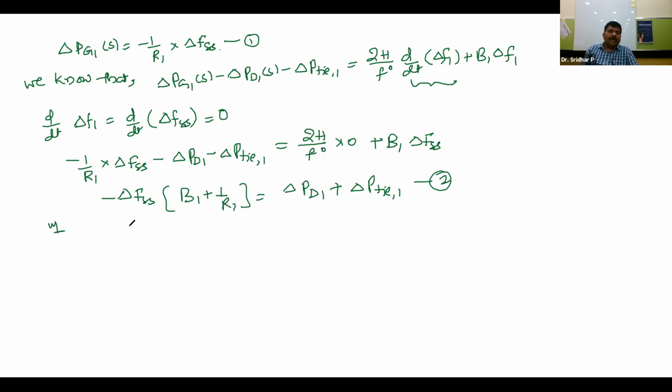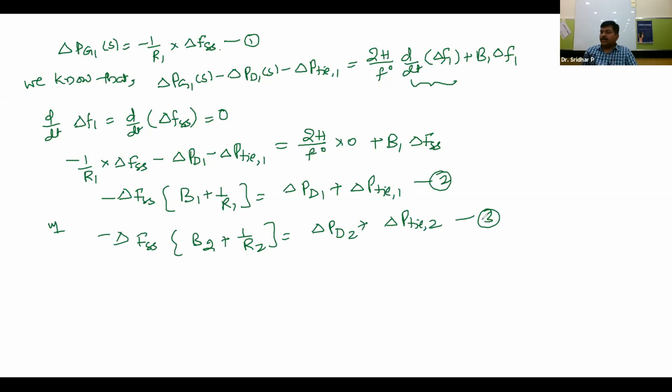Similarly, if you take the same analysis for area 2, the frequency also remains the same. So b2 plus 1 by r2 is equal to delta pd2 plus delta p ti 2. Let me call this equation 3. Now next, we know that delta p ti 1 is equal to minus a12 into delta p ti 2.